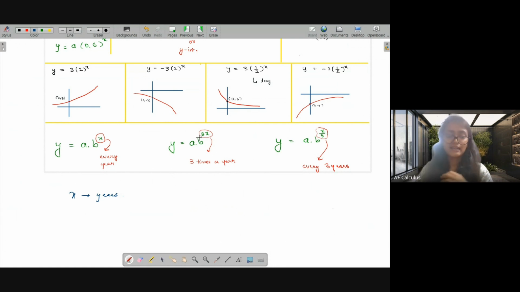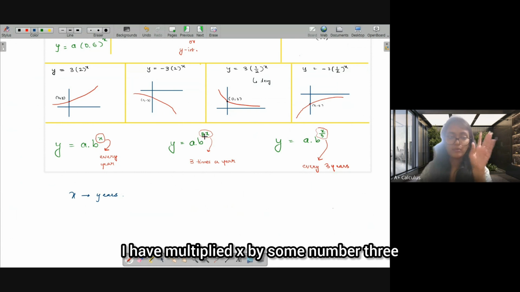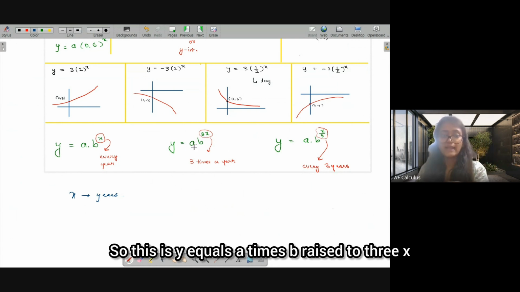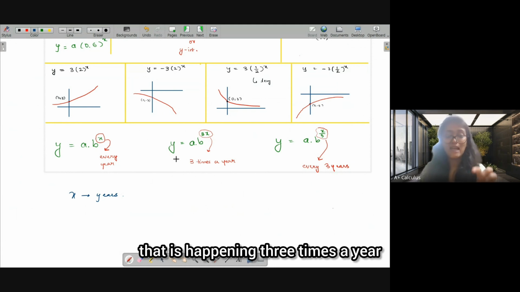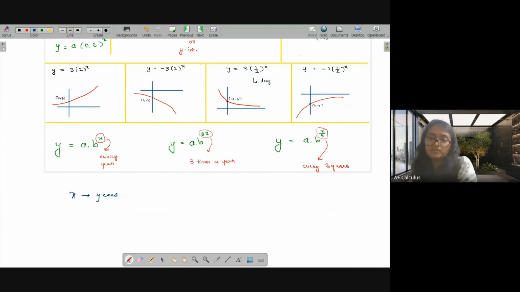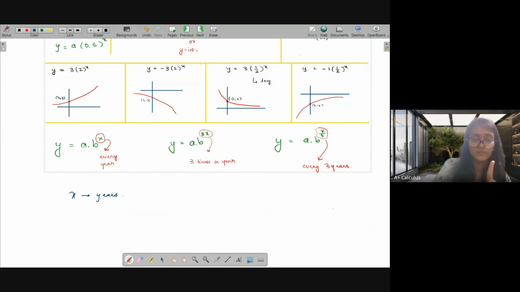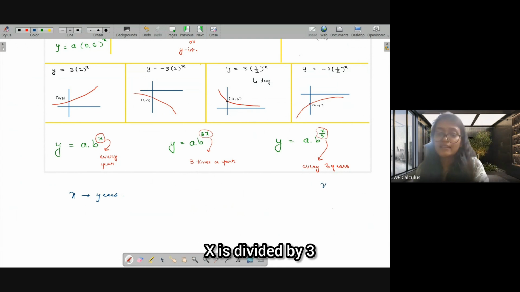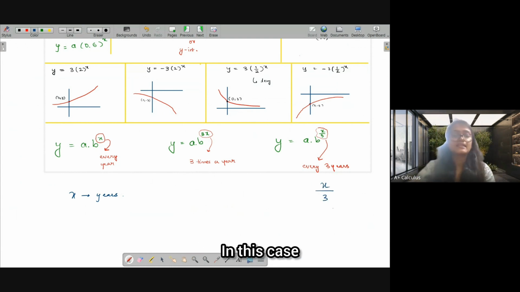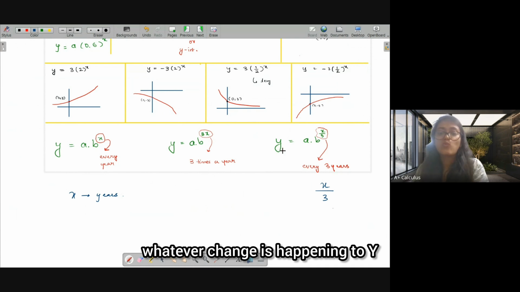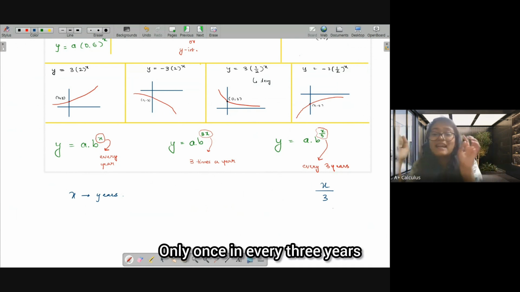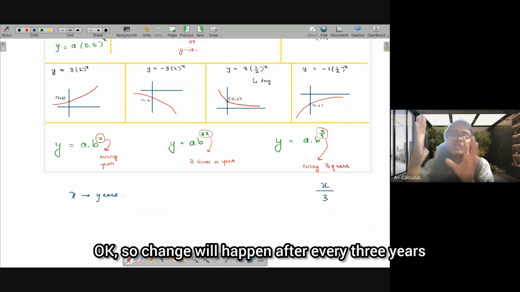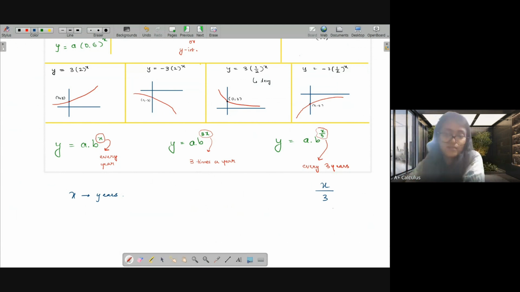In the second case, I have multiplied x by 3, so this is y equals a times b raised to 3x. Whatever change is happening to y is happening 3 times in 1 year. Then in the third case, x is divided by 3. Whatever change is happening to y is happening only once in every 3 years, so the change will happen after every 3 years.